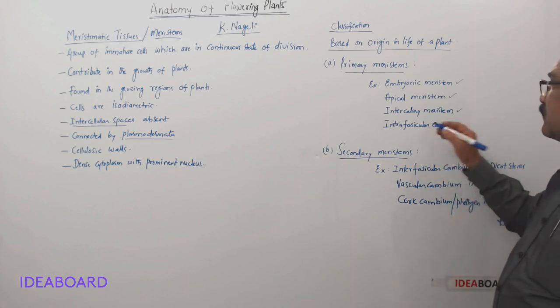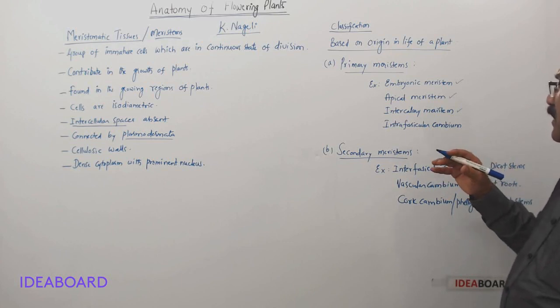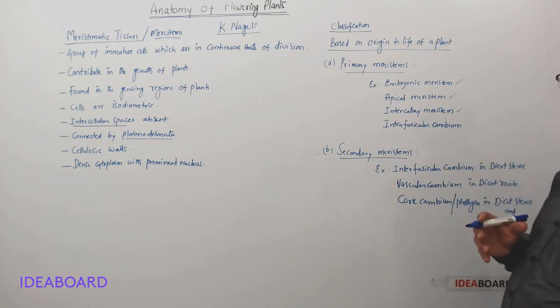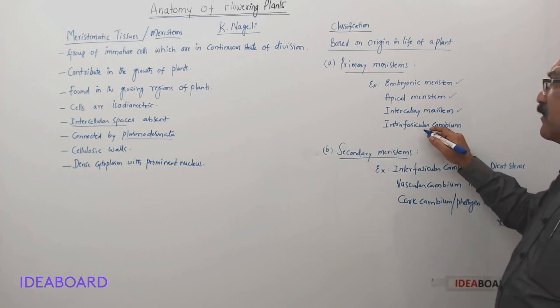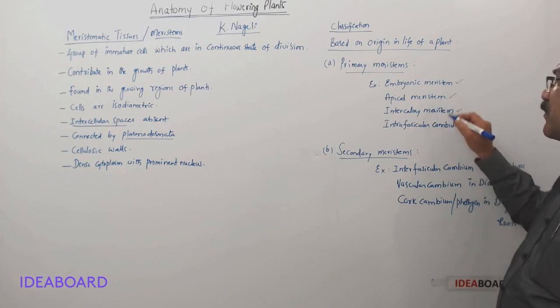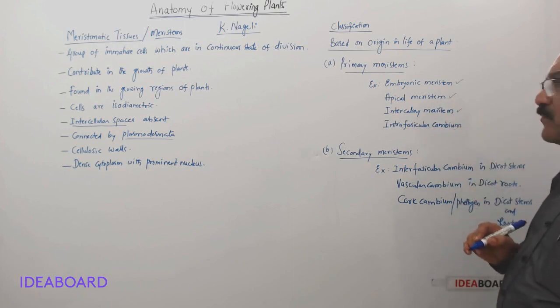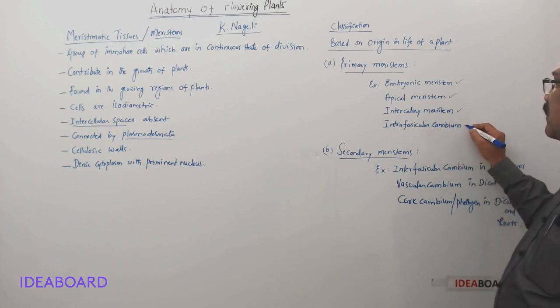And in dicot stems, of course, you will find xylem and phloem in the form of a vascular bundle, and in between the xylem and phloem you find one meristem called intrafascicular cambium, which is derived from apical meristem. As apical meristem is primary, so intrafascicular cambium also is primary.